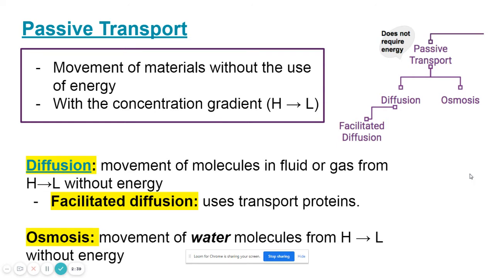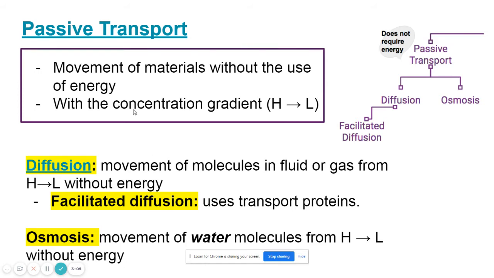In other words, they move from an area of high concentration to an area of low concentration. So this is what the H to L here represents: high concentration of particles to low concentration of particles. So generally, particles are always moving with the gradient from an area where they are highly concentrated to an area where there is less concentration of particles.